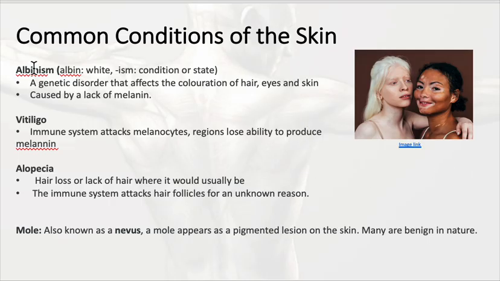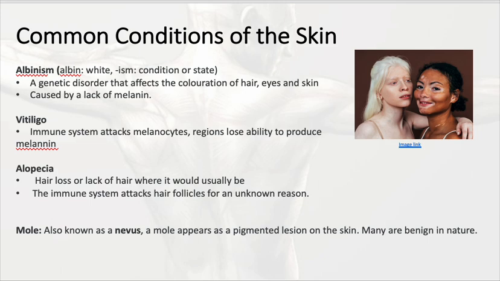And one of those is albinism. Albin refers to white. Ism is a condition or state, as we know. Albinism is a genetic condition where the body produces little or no melanin in the skin, hair, or eyes. Melanin also acts as protection against UV radiation, as was mentioned.